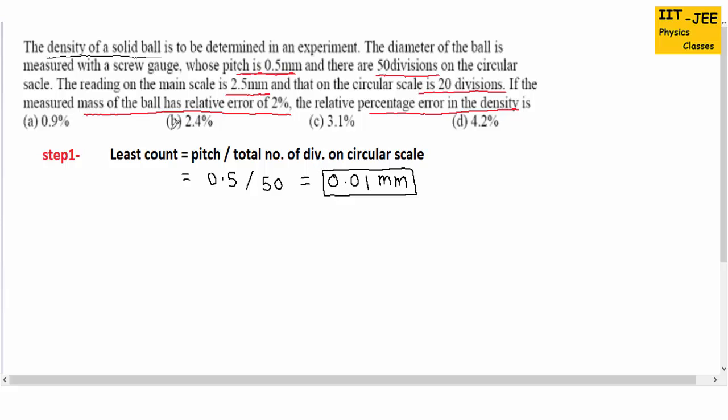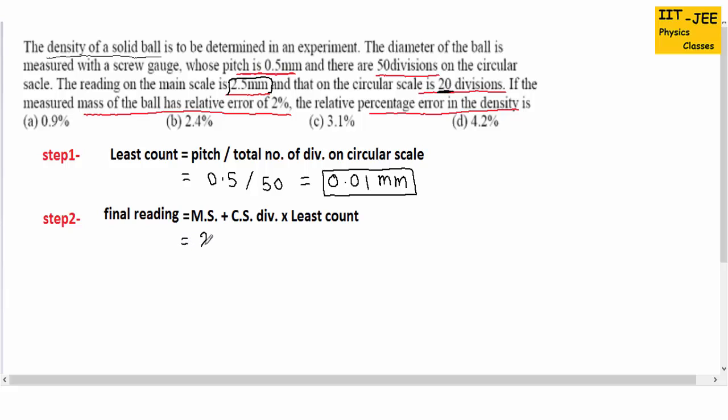Now step 2, we will use the formula for final reading and find the diameter. So our formula is final reading equals main scale reading plus circular scale division times least count. Here this circular scale division is the coinciding circular scale division. The main scale reading is given as 2.5 millimeter and circular scale division is given as 20 divisions.